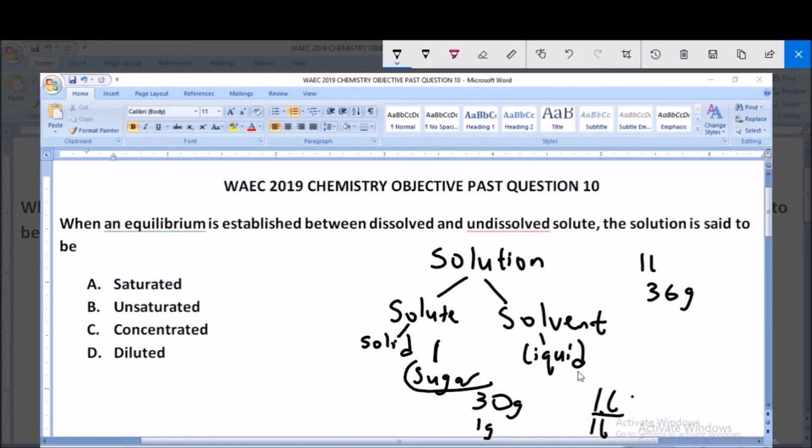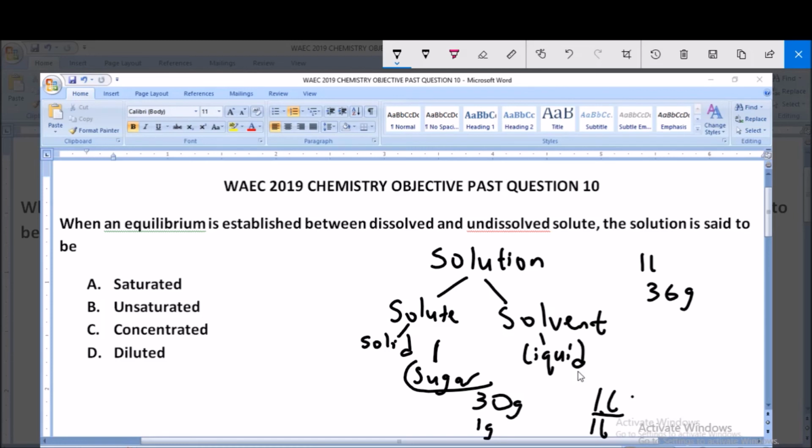Now, one thing I didn't mention is that in a saturated solution, the dissolved solutes are in equilibrium with the undissolved solutes, because the solvent is incapable of dissolving more solutes. So there is an equilibrium established between the dissolved solute and the undissolved solutes, and no dissolution will take place again.